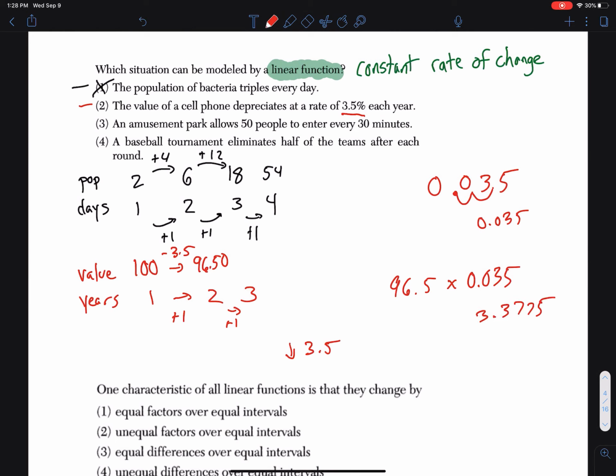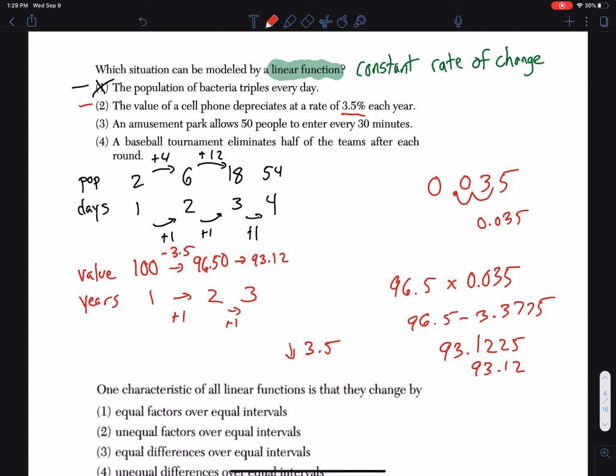3.3775. It depreciates, so you're going to subtract that from 96.5 to see what our price is going to be. You're subtracting 96.5 minus 3.3775, which is 93.1225, which would be $93.12.